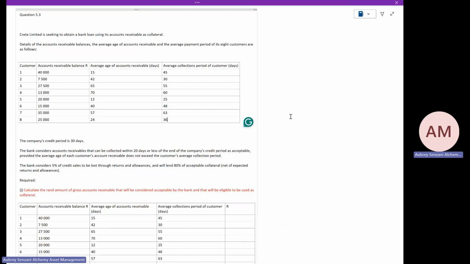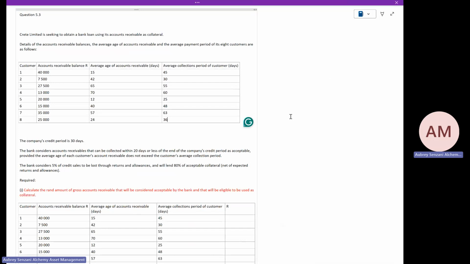Okay, so we got all the information there, balances, average age of accounts receivable in days, and then obviously your average collection period of customer in days. Okay. Right. Then it says the company's credit period is 30 days.